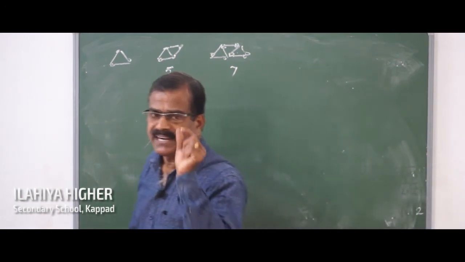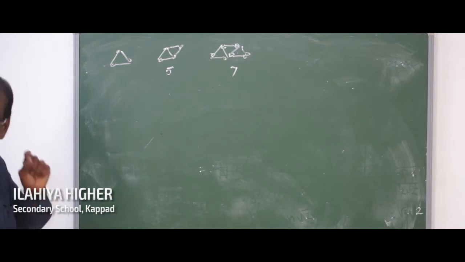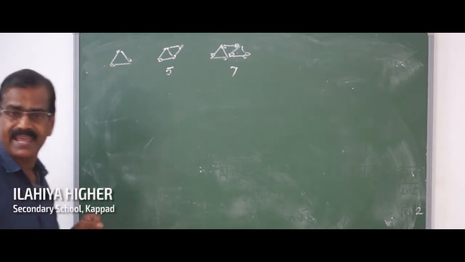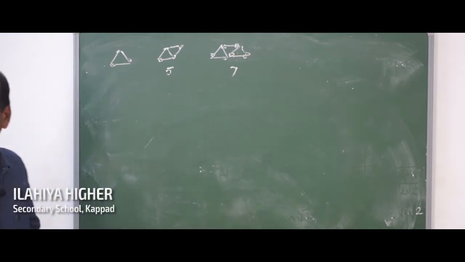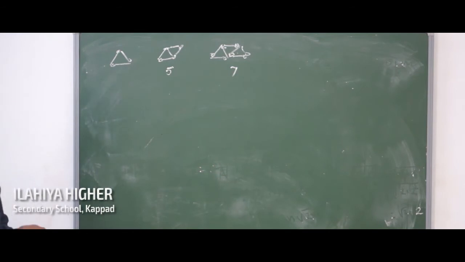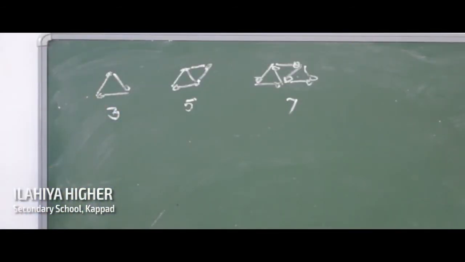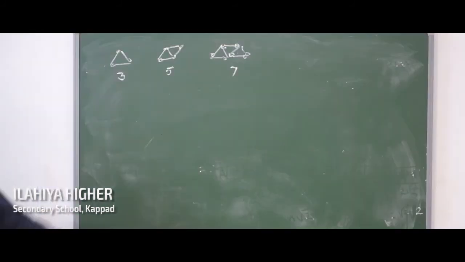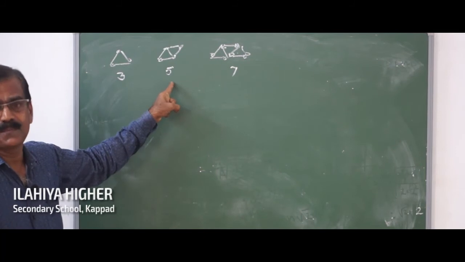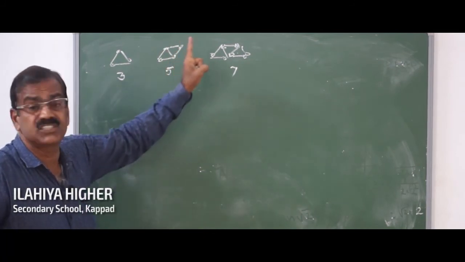Now, can you predict the number of sticks we want to make the next figure? How many sticks are needed? See, in the first one 3 sticks are used. In the second one 3 plus 2, 5, and in the third one 5 plus 2.